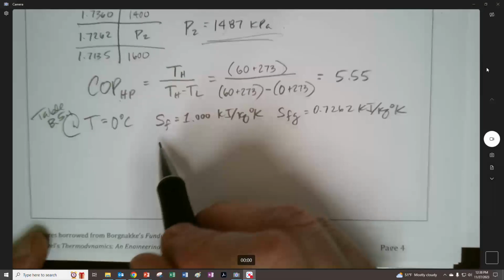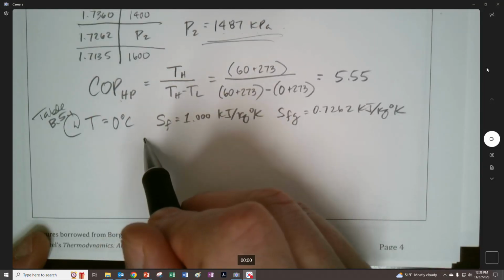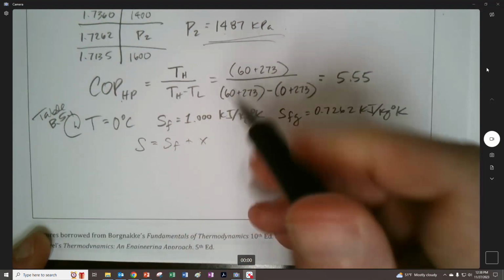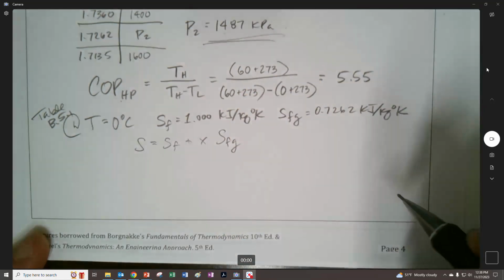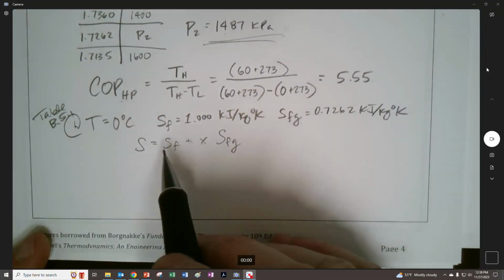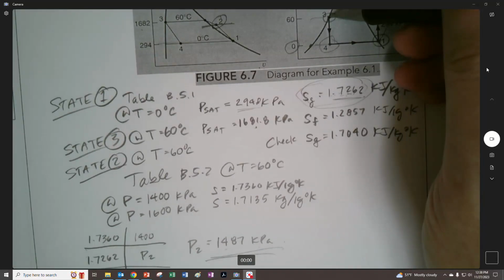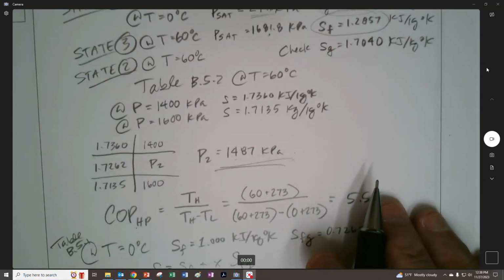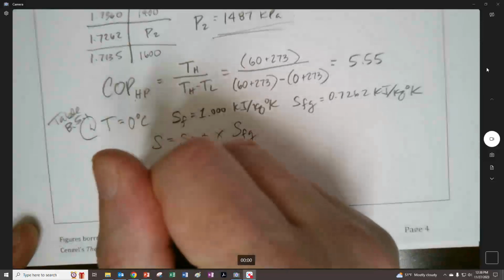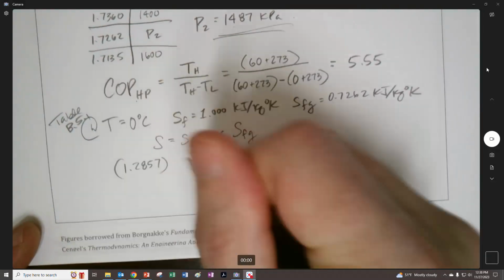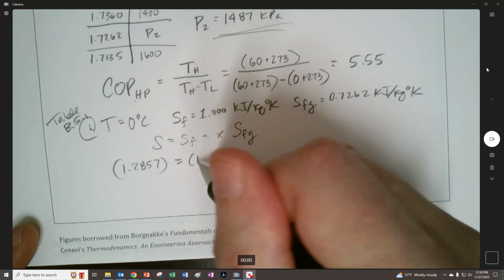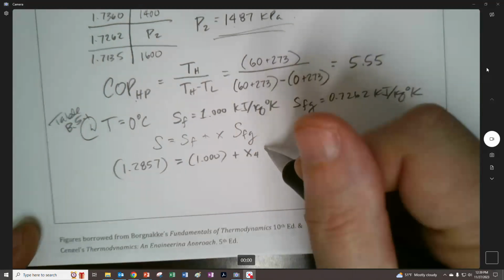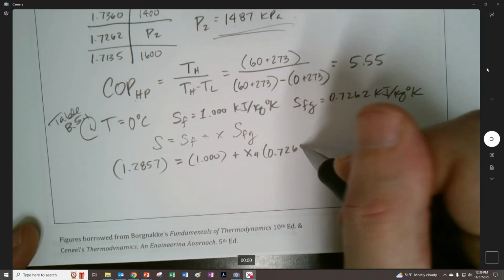And so when we're looking for the quality here, we're going to take S is equal to SF plus X times SFG, right here. And we know it's an isentropic process from here. So at 3, we collected this guy: 1.2857 is equal to 1 plus X4 times 0.7262.